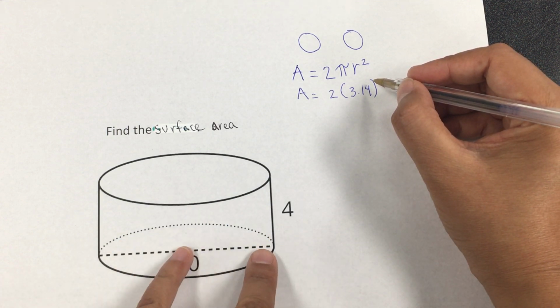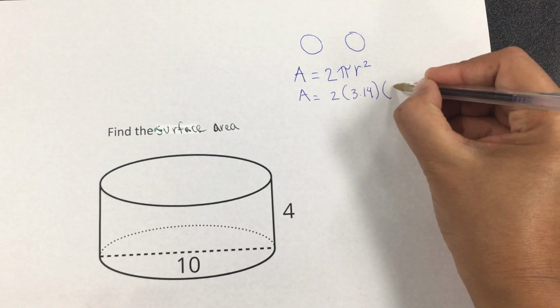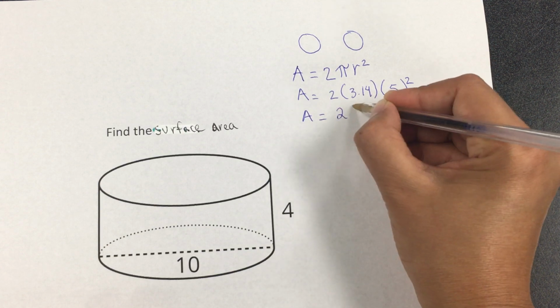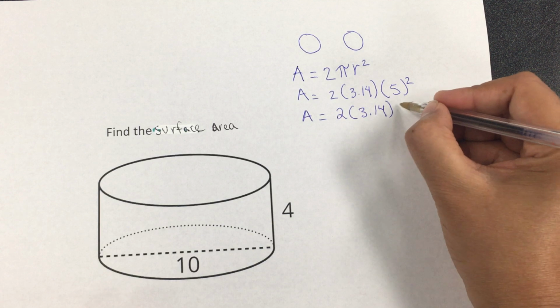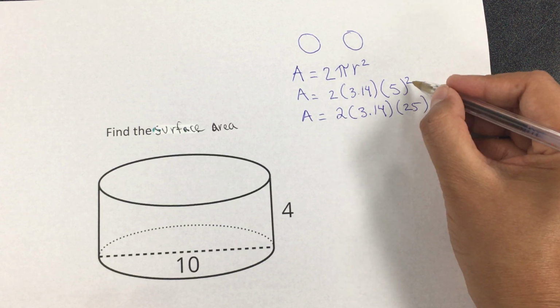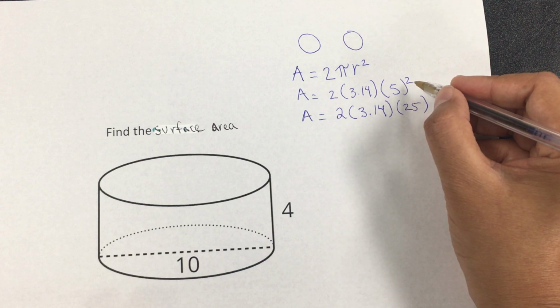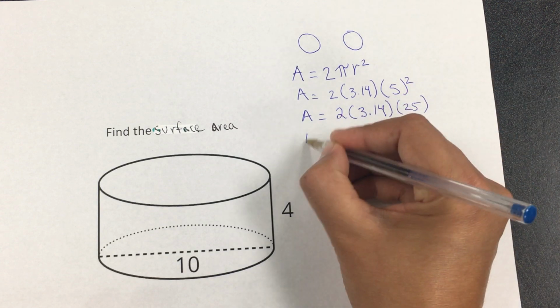Diameter is twice as big as the radius, so the radius is only from the center to here, which is 5 squared. And so it's going to be 2 times 3.14 times 5 times 5, which is 25. Remember, when you're squaring something, it's not 5 times 2, meaning 10. No, it's 5 times 5.